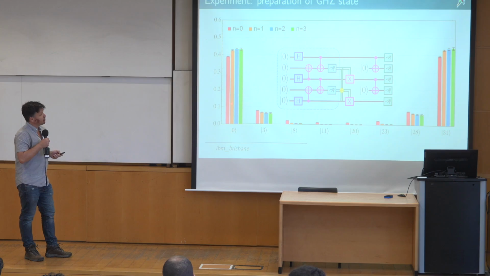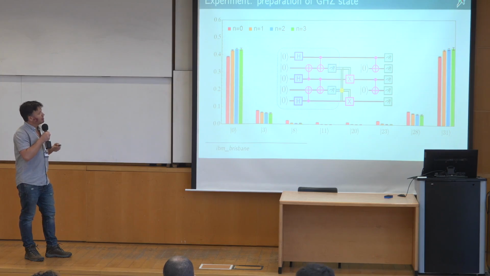The different colors here are the different orders of the method. So the green bars should be the best result. And this bar here, the last one, is a GHZ state, right? So this should be 0.5 and the other ones should be 0. But as you can see, that's not as good as we hoped.